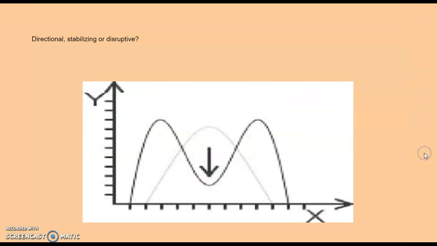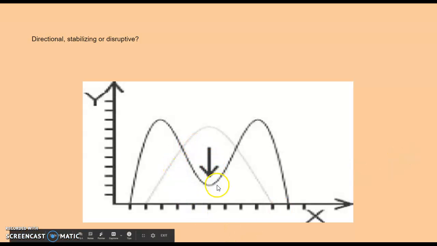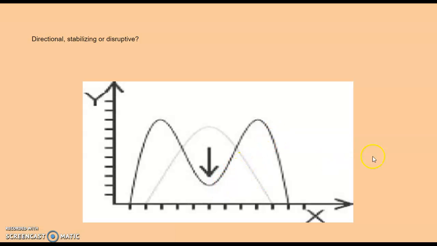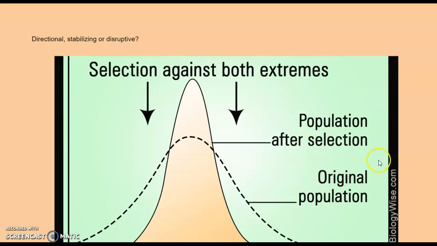So in our notes, I asked you guys to label these by what you thought they would look like. So just going through our answers, think about these again, double check your work, and let's see if we get these right. In this graph, I see that my two extremes are favored, but my middle one is not. So this is going to be disruptive. Here I see my intermediate phenotype really favored, not so much my extremes.